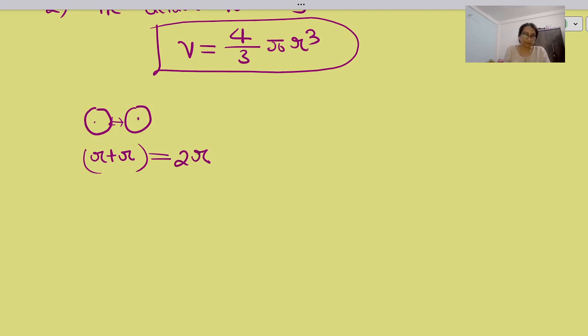Therefore, the sphere of exclusion for a pair of molecules has a radius of 2r.